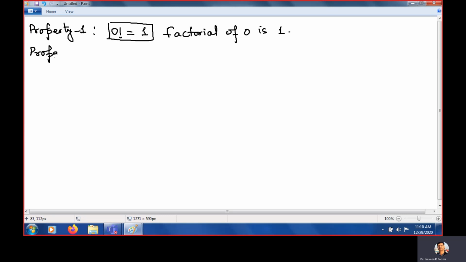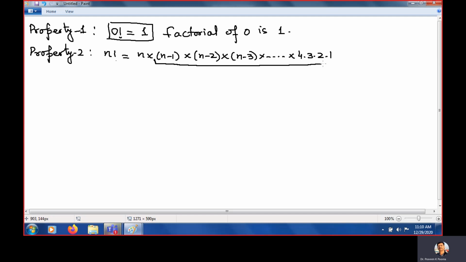Property number 2: if I want to write factorial n, its value is n times (n minus 1) times (n minus 2) times (n minus 3) and so on, down to 4, 3, 2, 1. Now I want to write this separately.